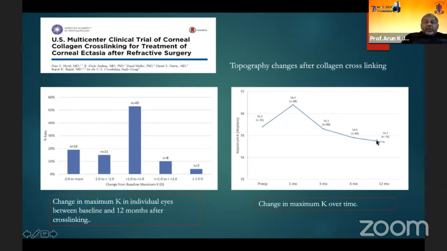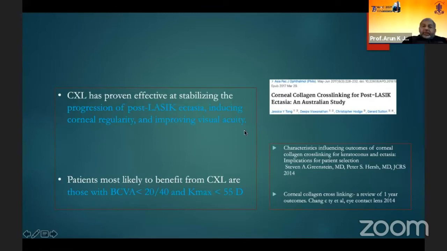And in another study on post-LASIK eyes, they have shown that CXL, C3R, stabilized the cornea as far as the progression of the disease is concerned, and there was an improvement in visual acuity in these cases.